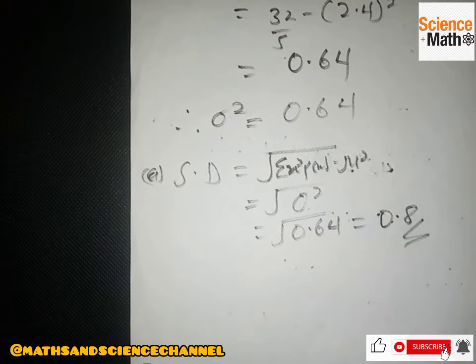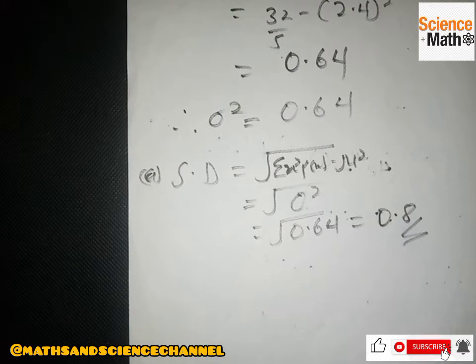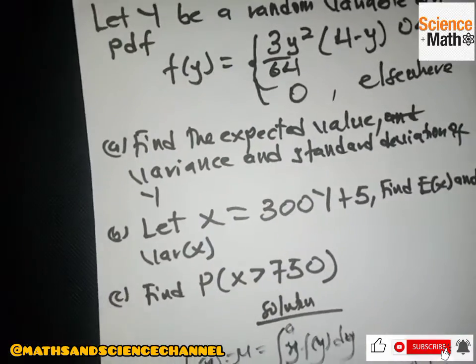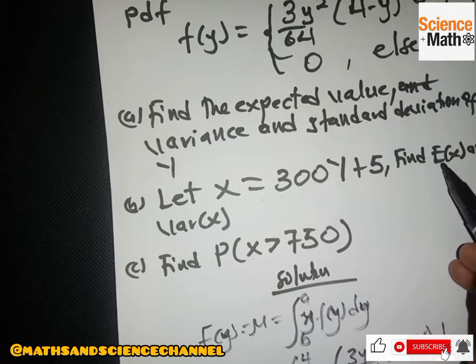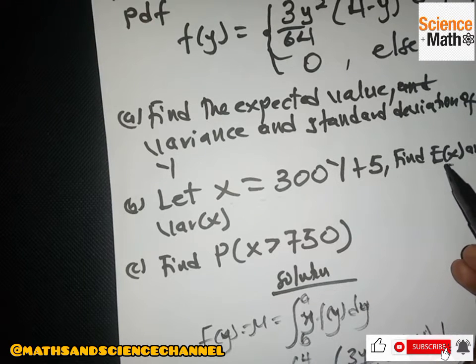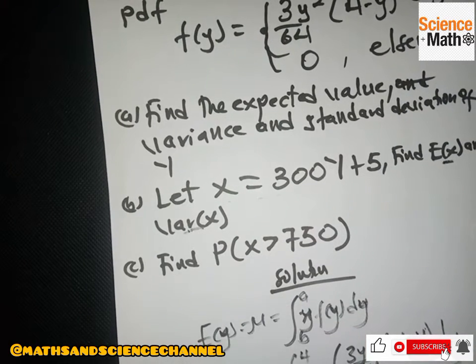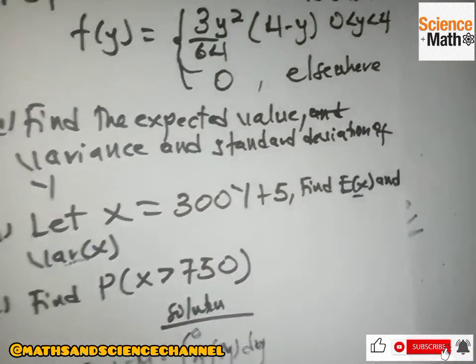Now the question says that we should let s be equal to that. So if s equal to that, we should find the expected value and then also the variance again. So let's look at how we can do that.